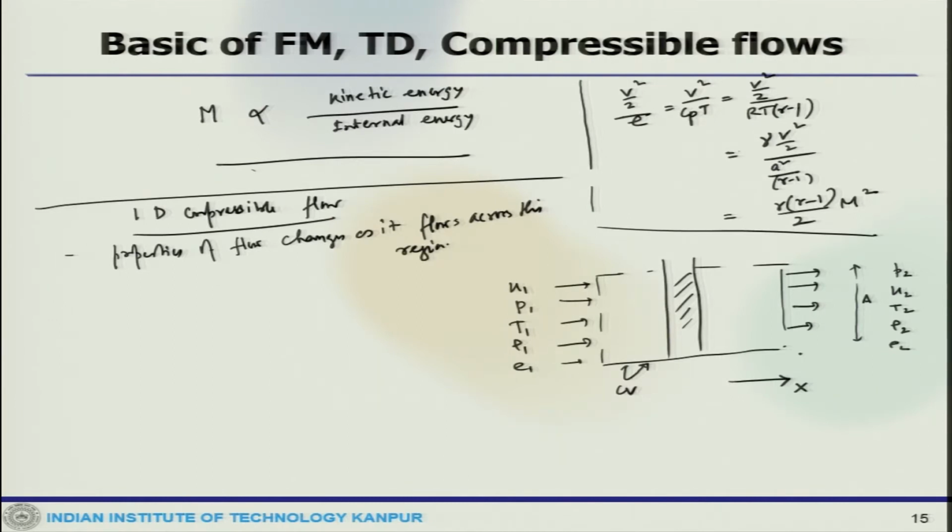So, let us consider this control volume which we have drawn, between station 1 and 2, and A is the area of the control volume, which is perpendicular to the flow.